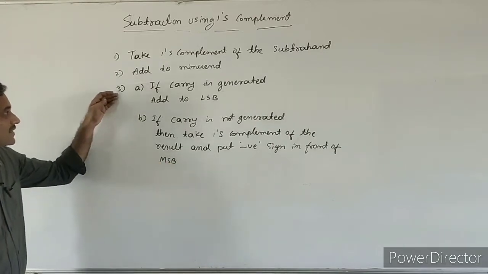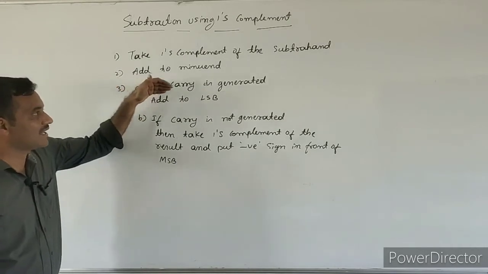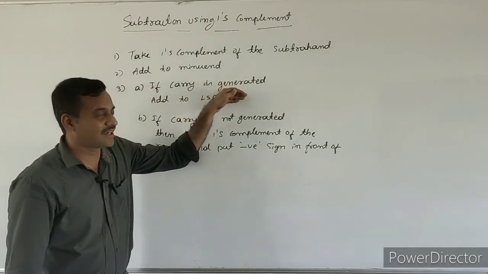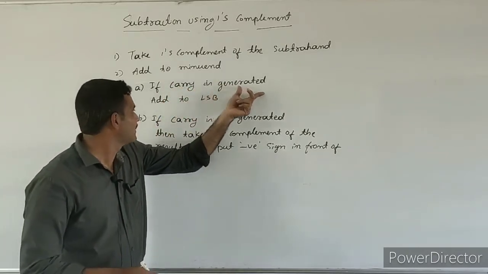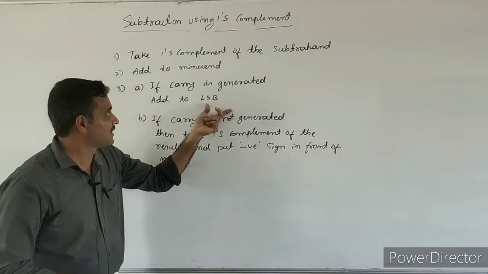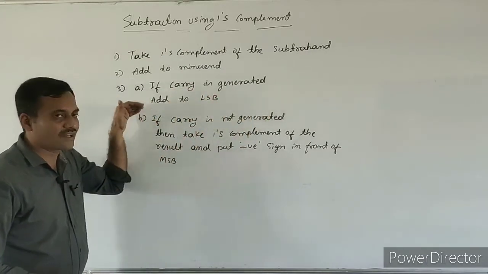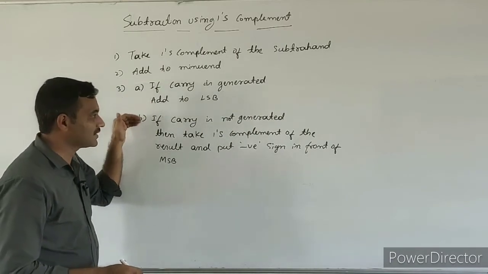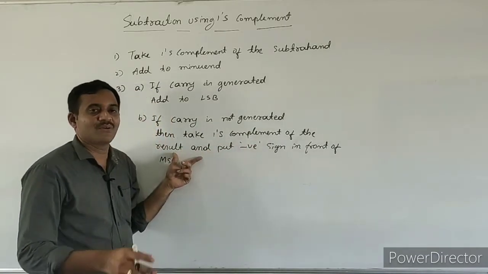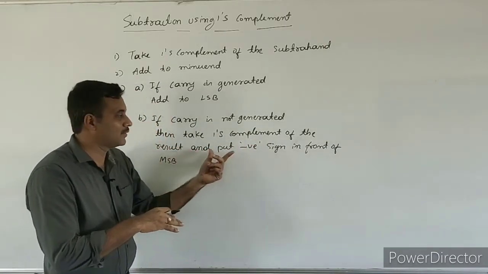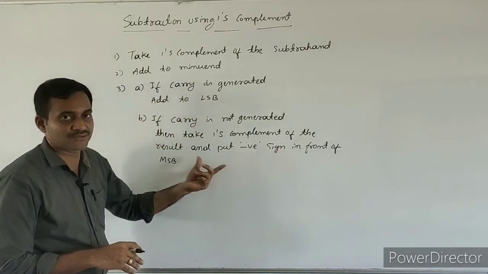See, in this third stage, there are two cases. If carry is generated, this carry is also called end around carry. If carry is generated, add it to the least significant bit. If carry is not generated, then take 1's complement of the result and put a negative sign in front of the most significant bit.